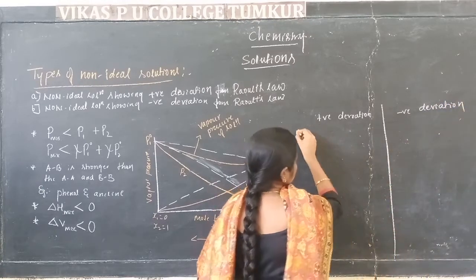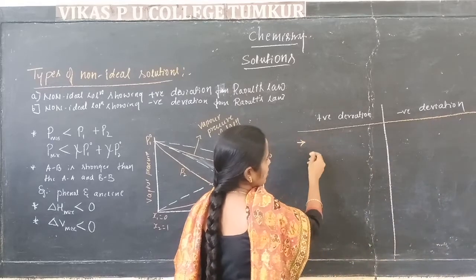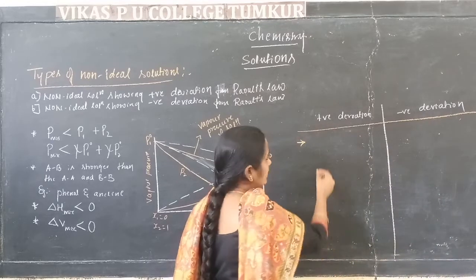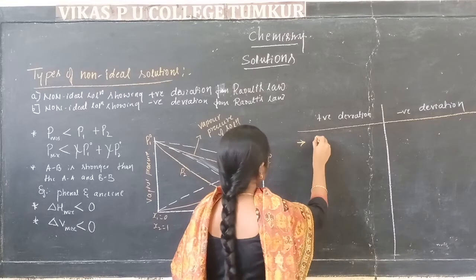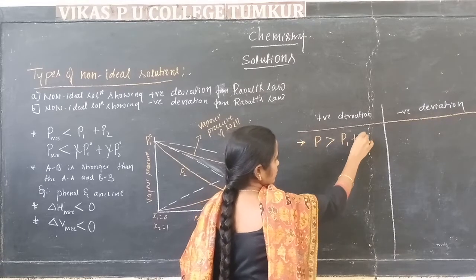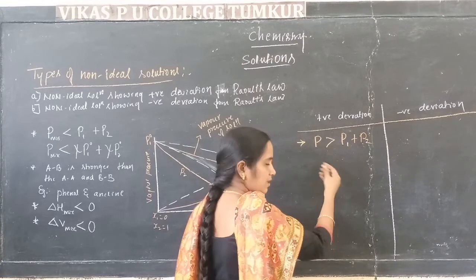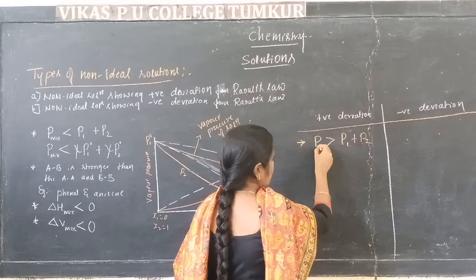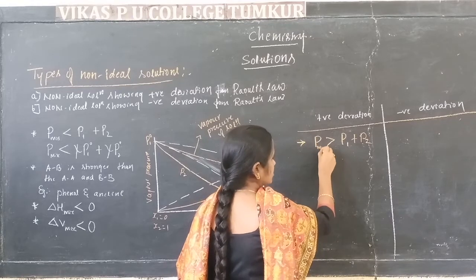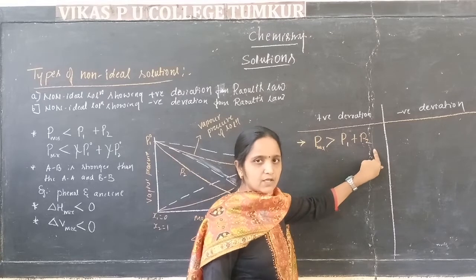The first one is the pressure. In the positive deviation, what happens? The total pressure, or the pressure of the solution, is greater than the sum of the partial pressures of the two components.